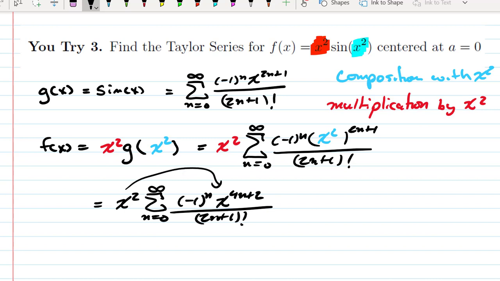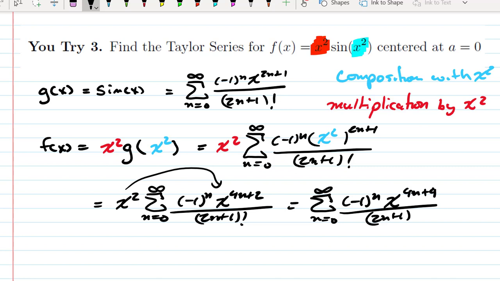And then if we send that into our series, we finally get the sum as n equals 0 to infinity of negative 1 to the n, x to the 4n plus 4, all over 2n plus 1 factorial. So that series represents x squared sine of x squared centered at a equals 0.